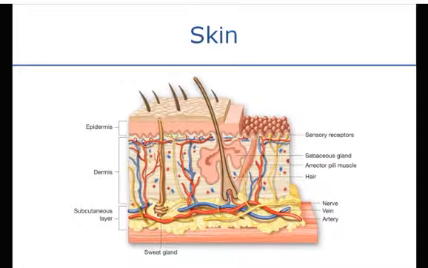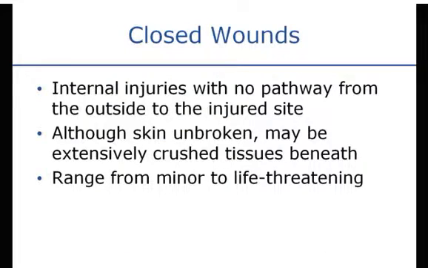The erector pili muscles are what give you goose pimples, certainly allow the opening and closing of pores in your skin. And close to the skin's outer layer, of course, are sensory receptors that sense pressure, pleasure, pain, hot, cold, those sort of things, and send that information back to the brain.